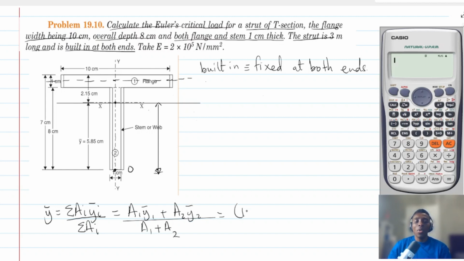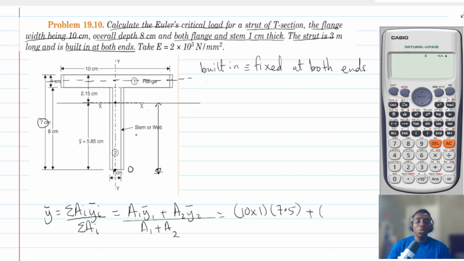The first A1 is the 10 times 1. And then for the y bar 1, you have to walk all the way from this origin until you get to halfway of the flange. Essentially, that's going to be this 7, which is here, plus halfway of 1. So that's going to be 7.5. That is basically for the flange.